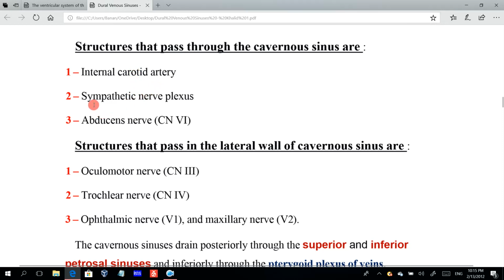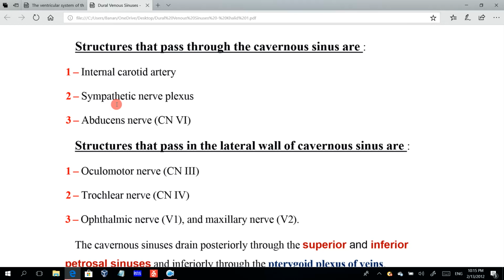The second thing that passes through the cavernous sinus is the sympathetic nerve plexus. As we know, the sympathetic nerve supply usually forms a plexus around the major arteries and their branches to reach its target organ.